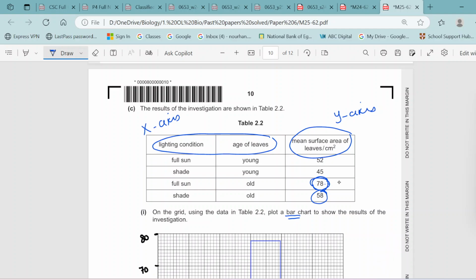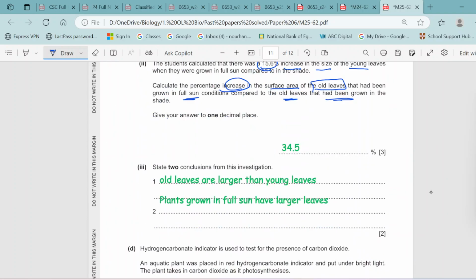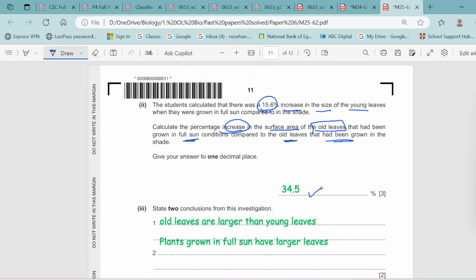How do I calculate the percentage increase? This is the final, this is the increased one, and this is the original. Final minus original over original times 100. 78 minus 58 over 58 times 100. This is how I calculate my percentage increase. 1 decimal place.